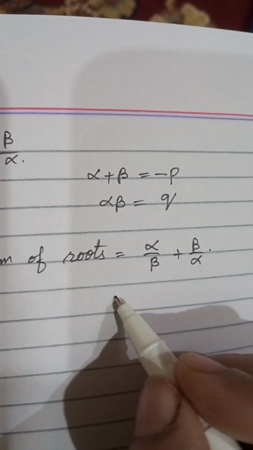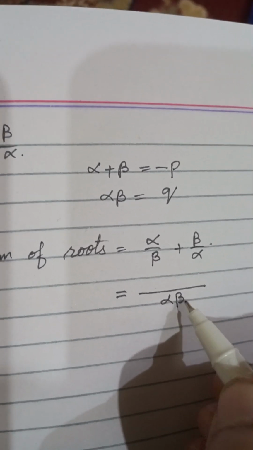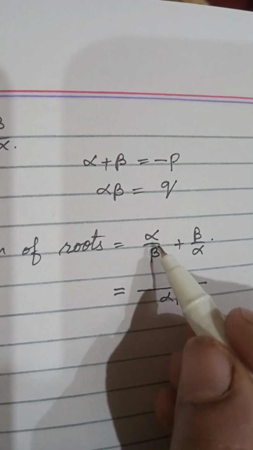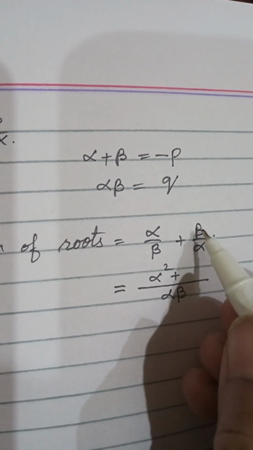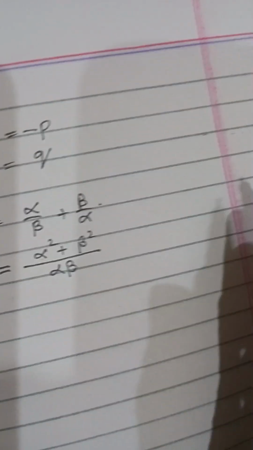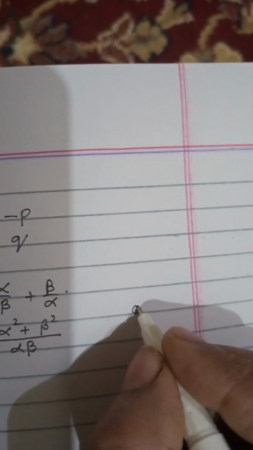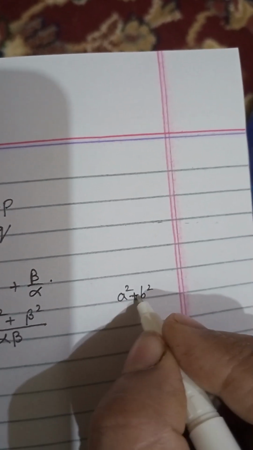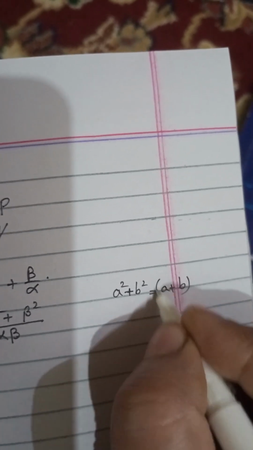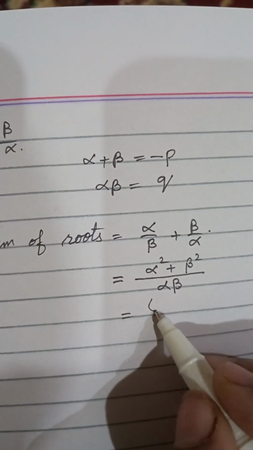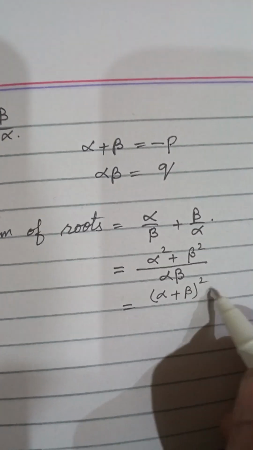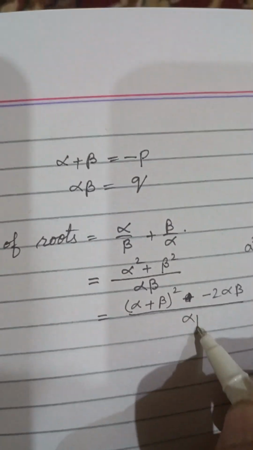Taking LCM, we get alpha square plus beta square over alpha beta. According to the algebraic formula, a² + b² = (a + b)² − 2ab, this will be equal to (alpha plus beta) whole square minus 2 alpha beta over alpha beta.